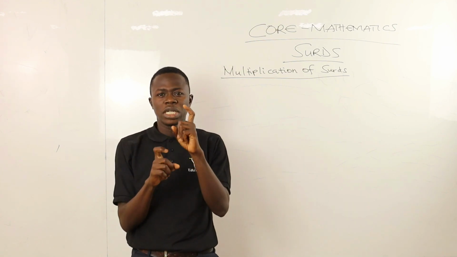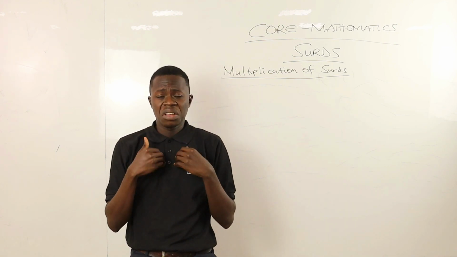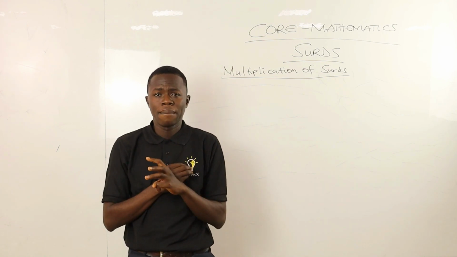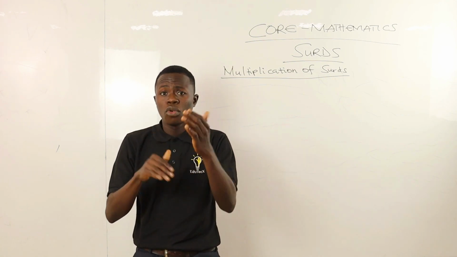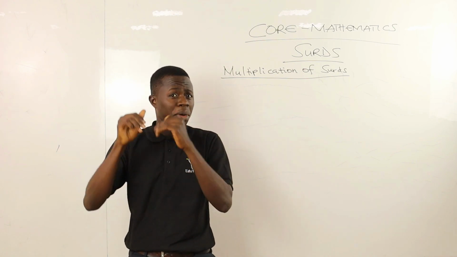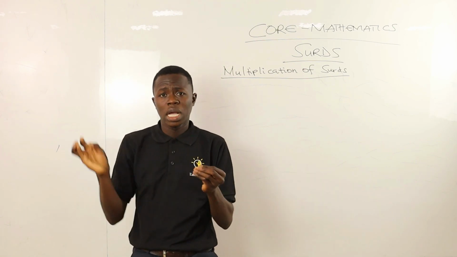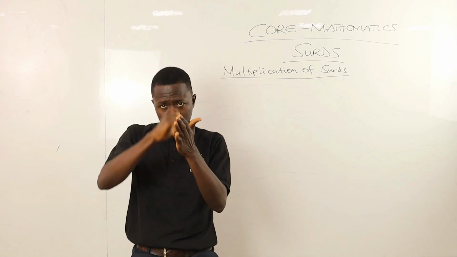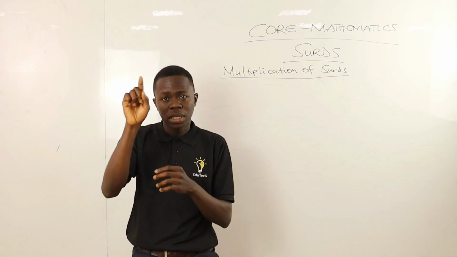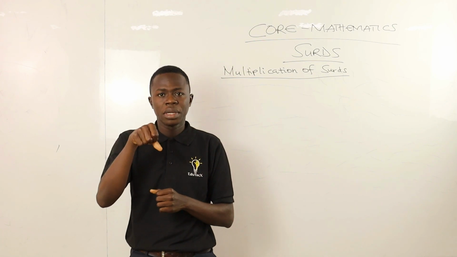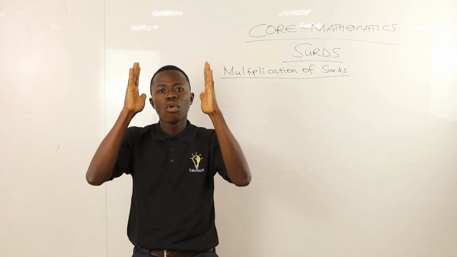So the question is, if you have sets, how do you multiply them? Just to go back a little bit, you remember how we discussed addition and subtraction of sets in our previous lesson.